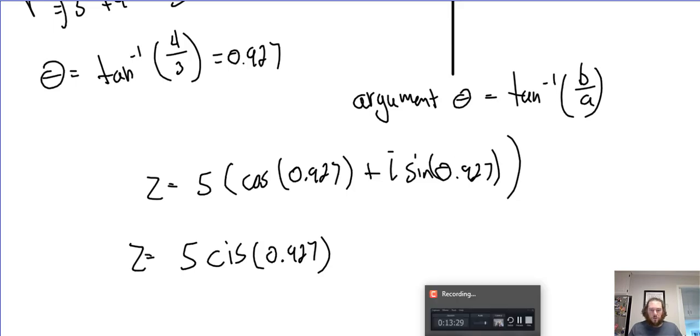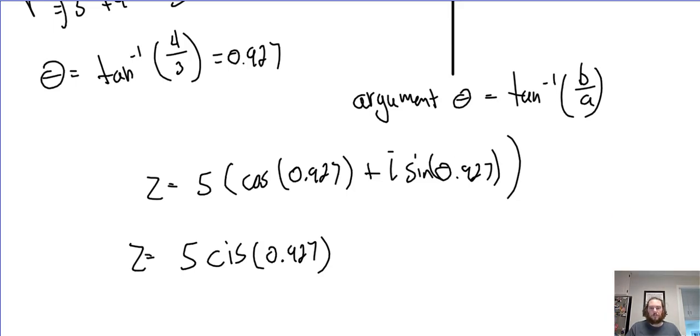Now Euler's form is quite interesting. The reason has to do with the special properties of this character, e. e is something that occurs naturally. When we start talking about exponential growth, we see it pop up in a lot of different forms, and hence why we refer to log base e as the natural logarithm.